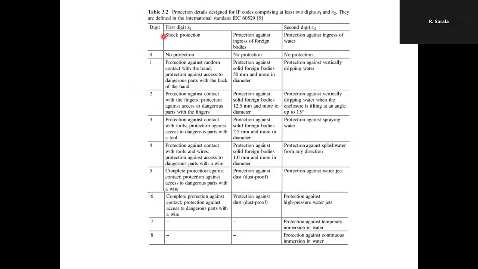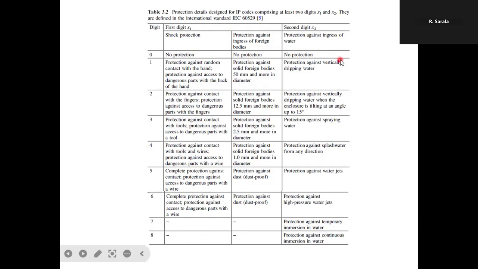Suppose it has at least two digits. The first digit I am taking as X1, the second digit as X2. The first digit represents protection against foreign bodies, and the second digit represents water.